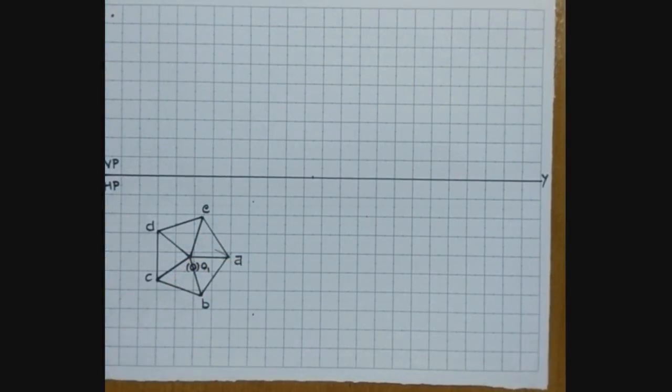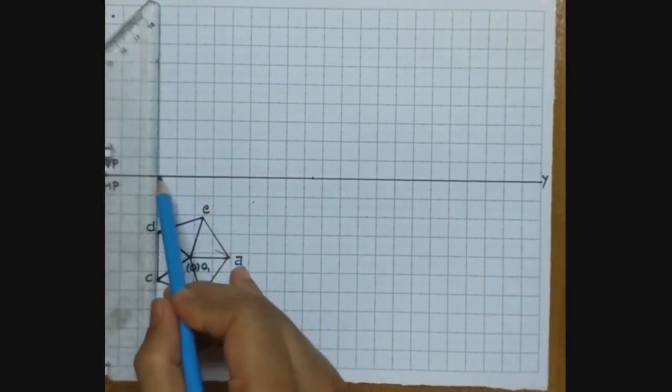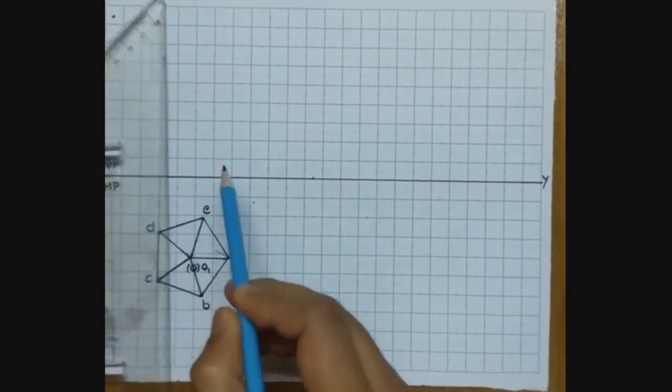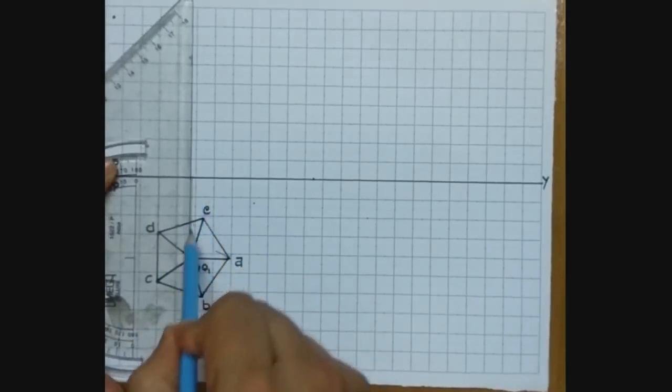Now project all these points to the front view. Draw the projection lines from all the points.